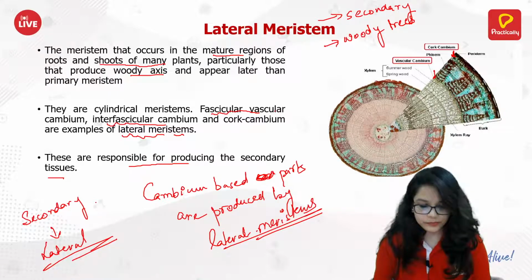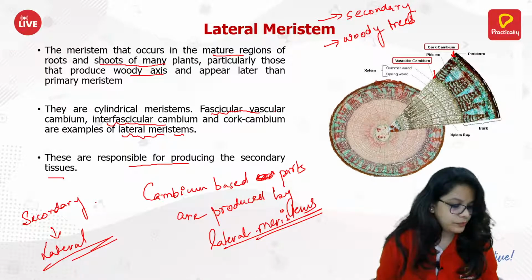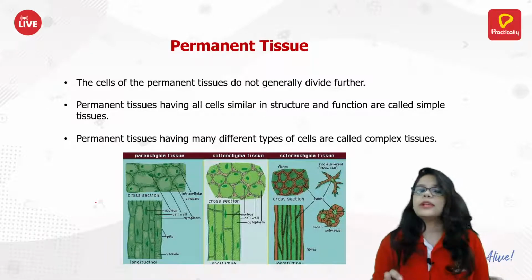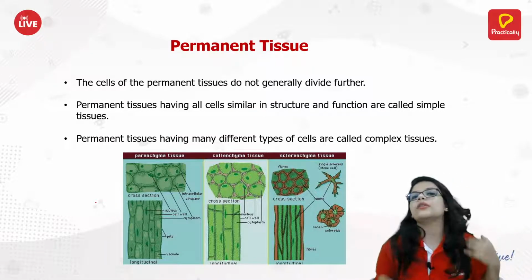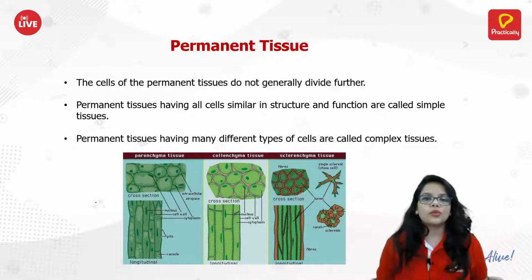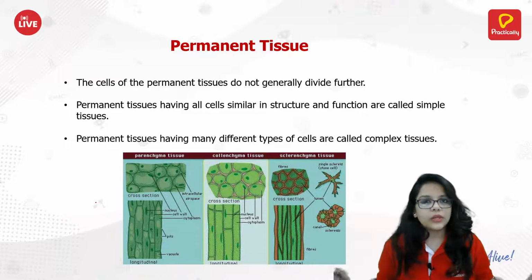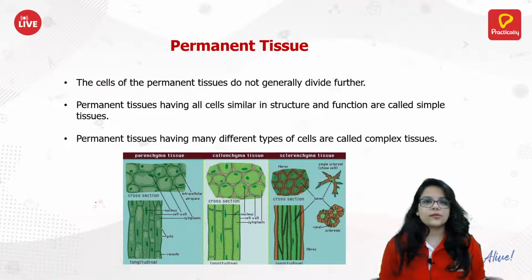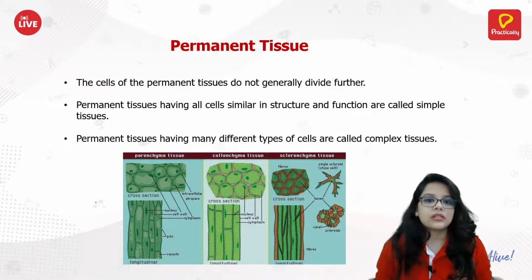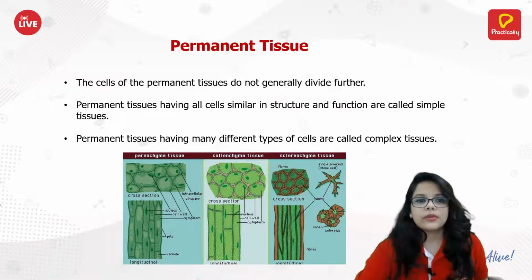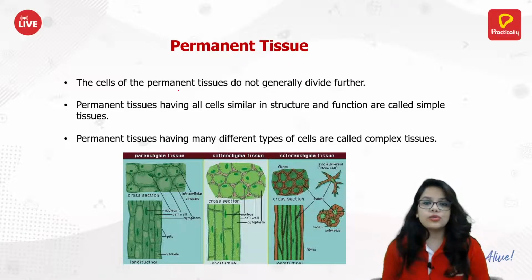So next, permanent tissue. Till now we were discussing the meristematic tissue. Meristematic tissue, what did I say? Meristematic tissues means they'll be dividing. Permanent tissue is what? Permanent tissue will not divide. So the cells of the permanent tissue generally do not divide further.